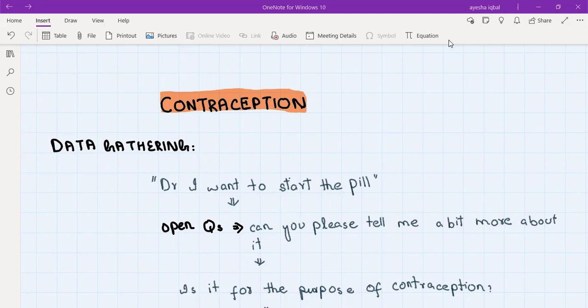So we have the barrier methods, then we have the pills, which can be either combined or progesterone only, and then we have the long-term methods: injectables, implants and the intrauterine devices. Now, out of these, almost certainly nobody will come to the GP asking about the barrier methods, and the long-term methods are not as common.